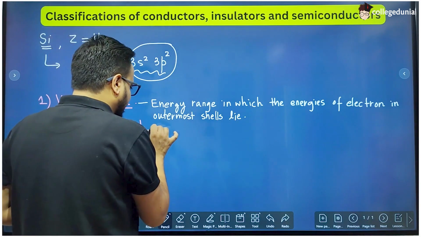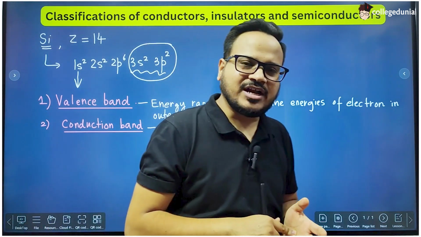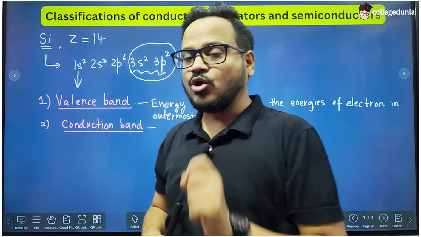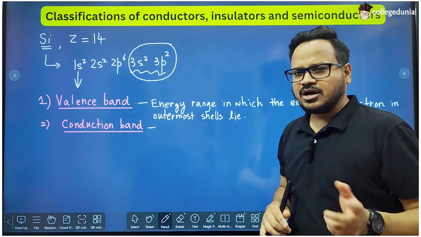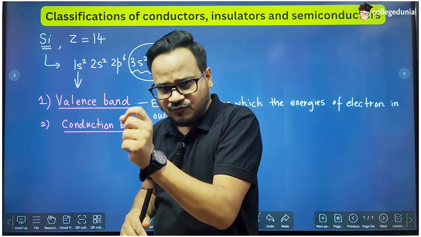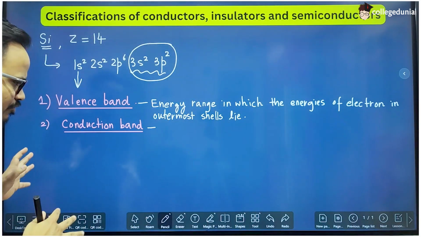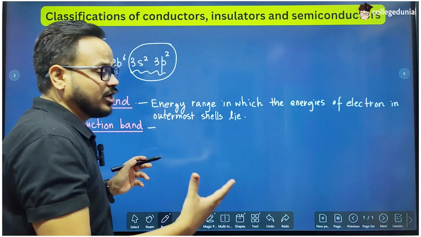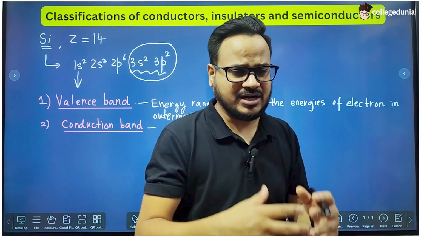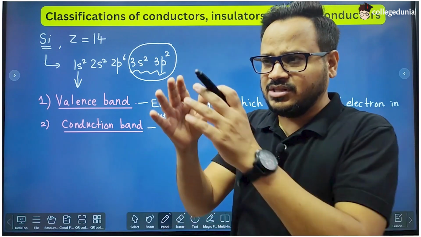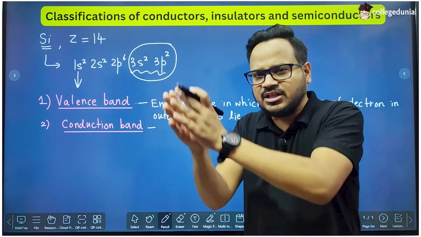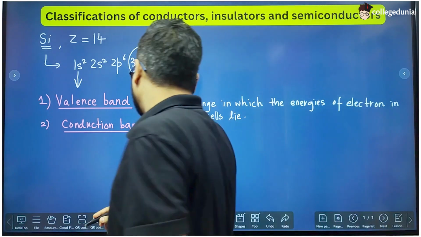And what is the conduction band? The conduction band is the range of energies of electrons which is required for conduction. Conduction is the flow of electrons through a conductor, right? We have studied that metals are good conductors of electricity and non-metals are bad conductors. So electrical conduction means simply the flow of electrons through the material.